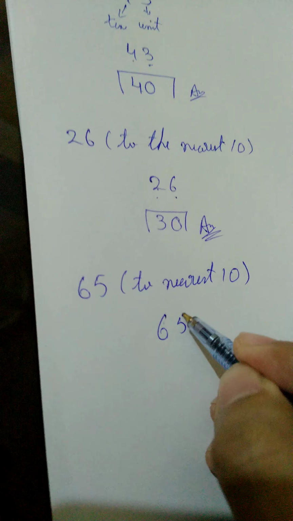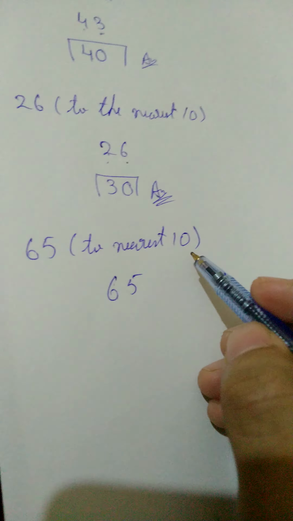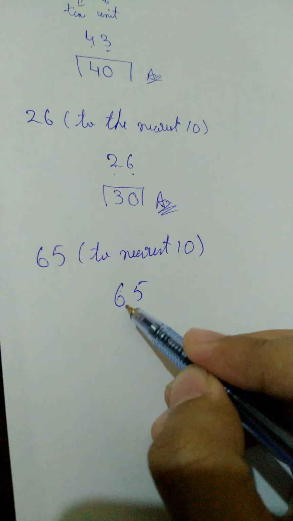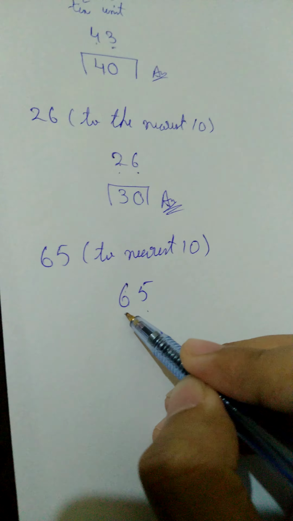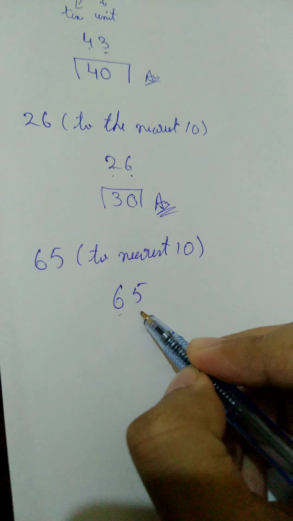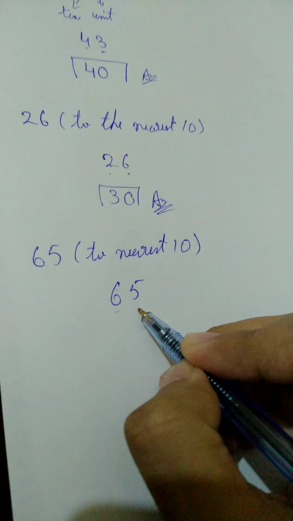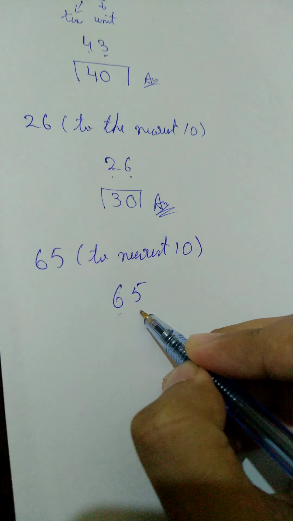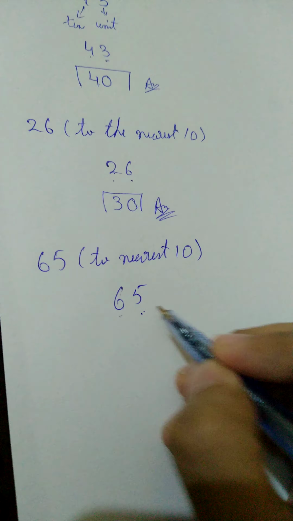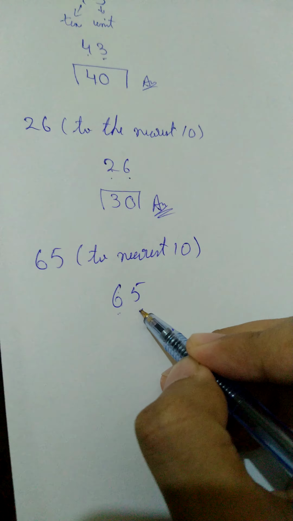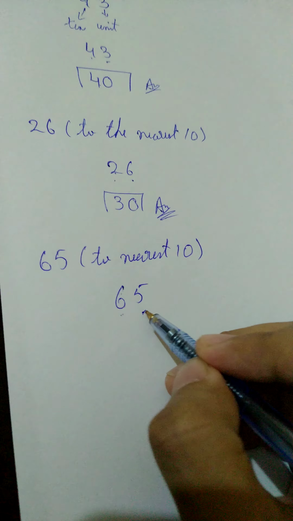65. I first have to identify the 10 place. Unit, then 10. This is my 10. I will look at the number on the right to see if it is greater than 5 or less than 5. In this case, the number is 5, so it's not greater or less. In this particular case, we always move up. If the number given is 5, we always move up.